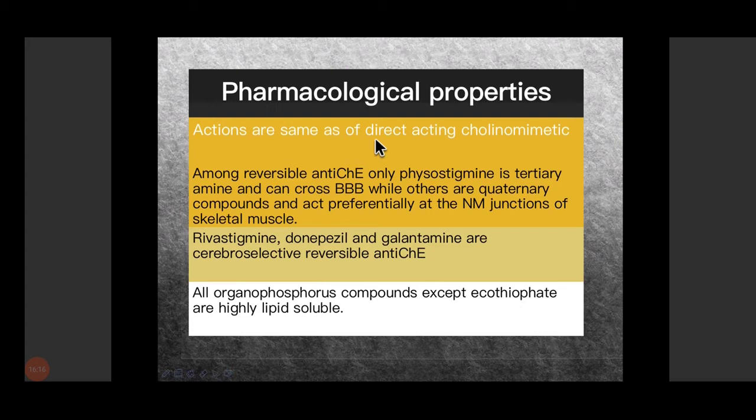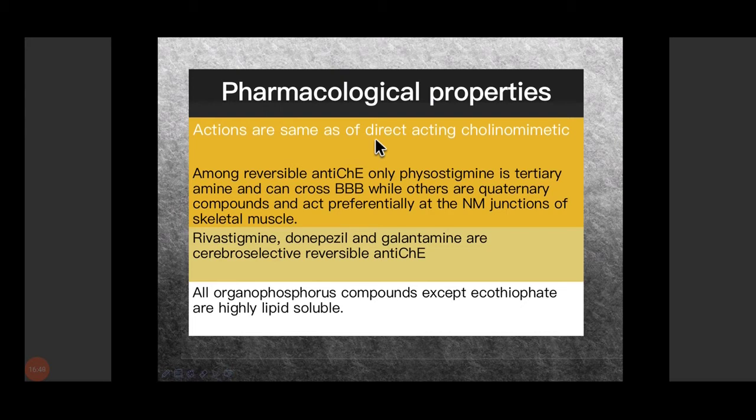Then you have rivastigmine, donepezil, galantamine, which are cerebroactive reversible anticholinesterases. All organophosphorus compounds except ecothiophate are highly lipid soluble. I told you that ecothiophate can slowly dissociate also, and it is to some extent reversible binding, and it is also polar. But all the other organophosphorus compounds are highly lipid soluble.